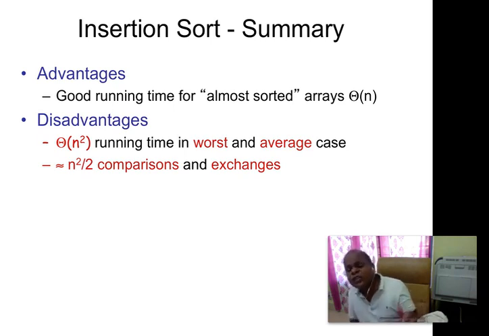Remember that in the average case and worst case it is theta of n square. That means it takes more time, and the number of comparisons and exchanges at max will be n square by 2.